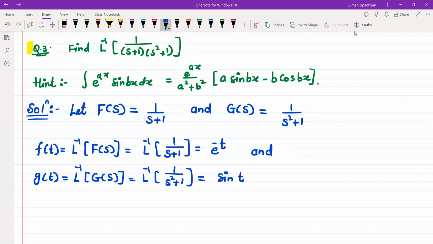But according to the convolution theorem, I need f of u and g of t minus u. So f of u, I will take it as, now look at the function. Which one should I take as f of u and f of t minus u?